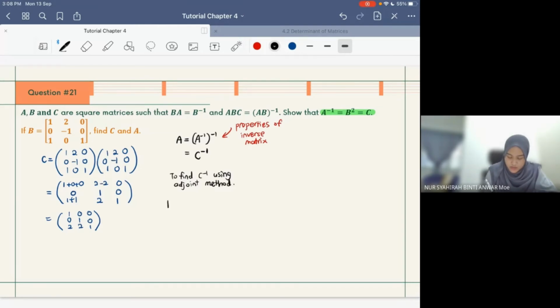The determinant of C equals, for a lower triangular or upper triangular matrix, and this is lower because our triangle is at the bottom, the way to get the determinant is to multiply the diagonal elements. So here 1 times 1 times 1, which is actually 1. So the determinant of C is 1.